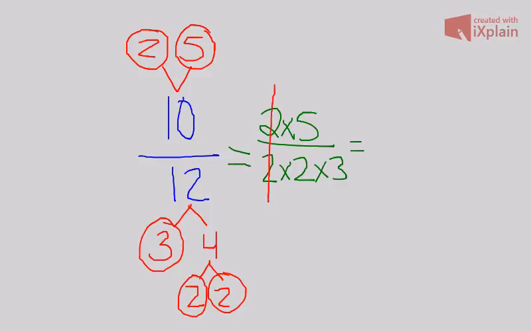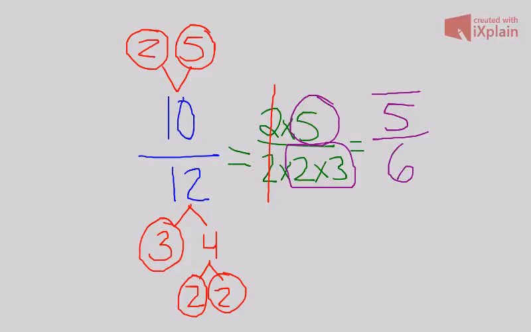Then what's left is 5, so I'm going to write that as my numerator. What's left on the bottom is 2 times 3, so I'm going to solve that out. 2 times 3 is 6. And that is my answer in lowest terms. So 10/12 equals 5/6 in lowest terms.